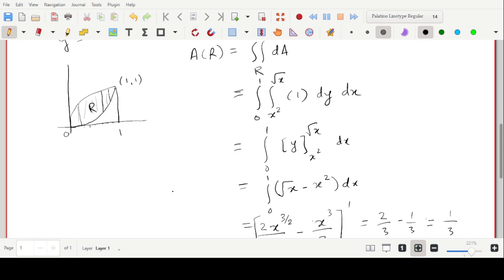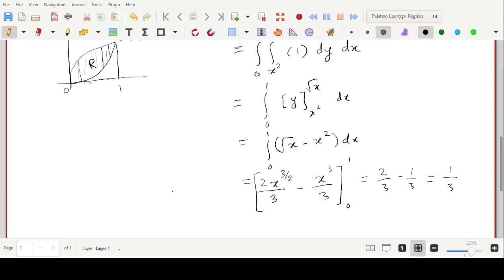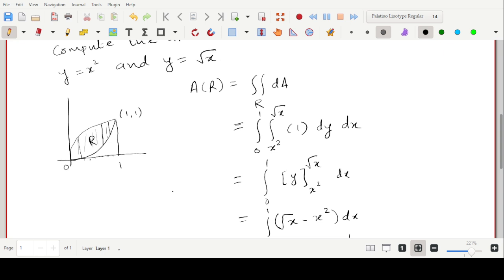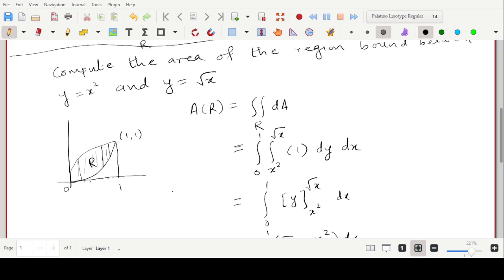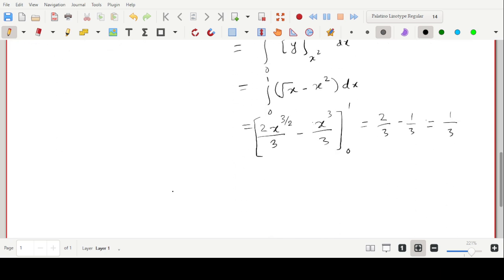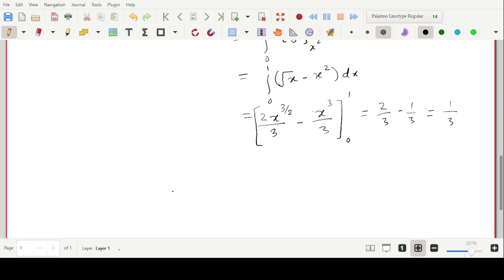If you use some other method, then you may have to put in some efforts to compute this area. So using double integrals sometimes simplifies our problem a lot. So even some of the standard integrals can be computed using double integrals.